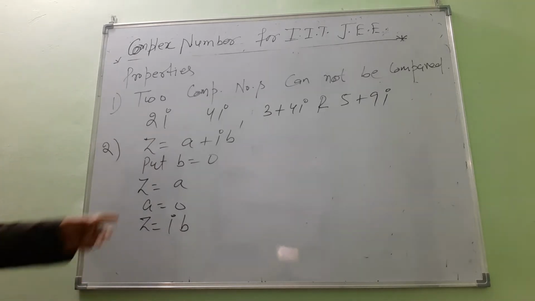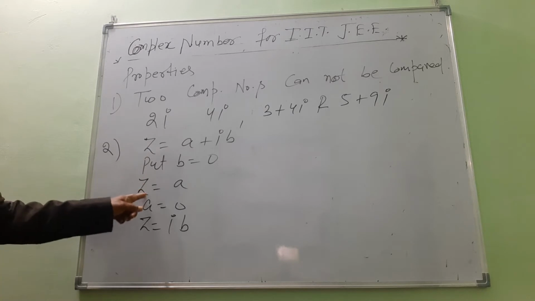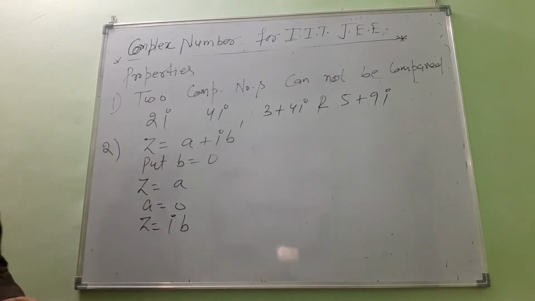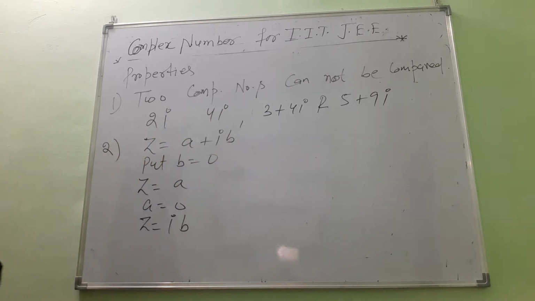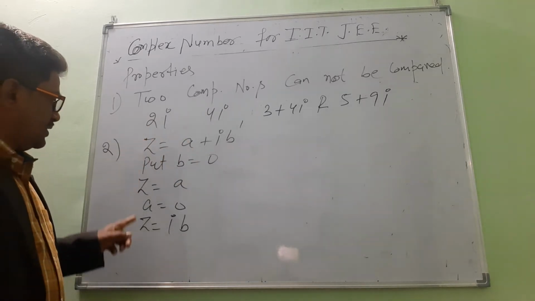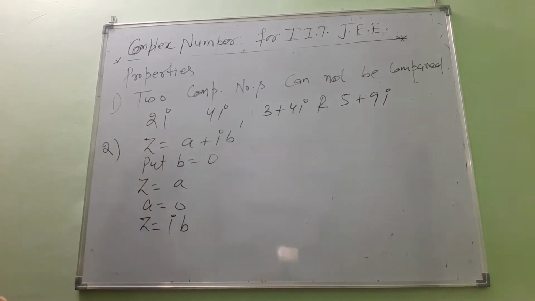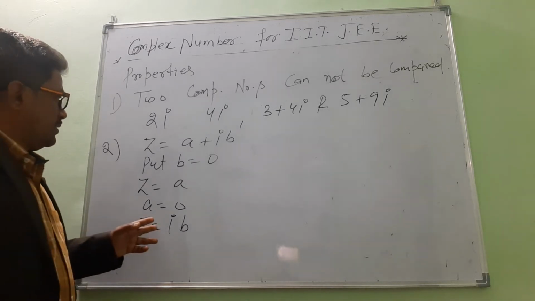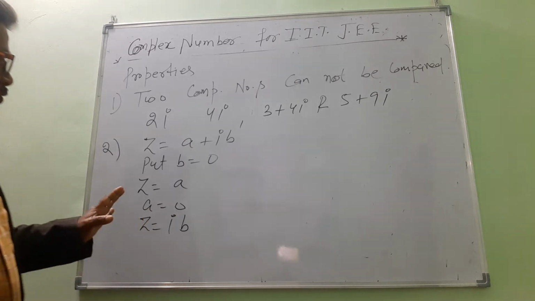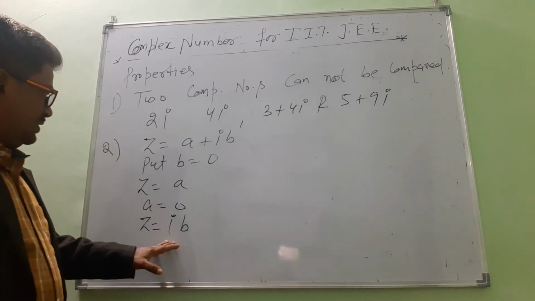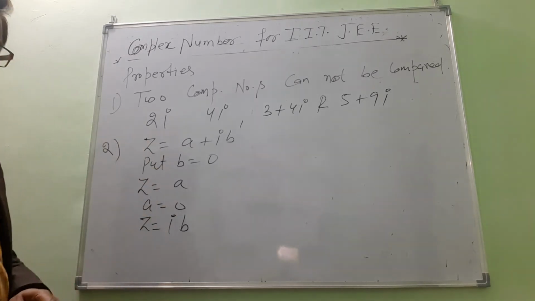You can see from z we can obtain purely real numbers when our b is 0, and from z we can obtain purely imaginary numbers when our a is 0. So real numbers and imaginary numbers both are obtained from z.